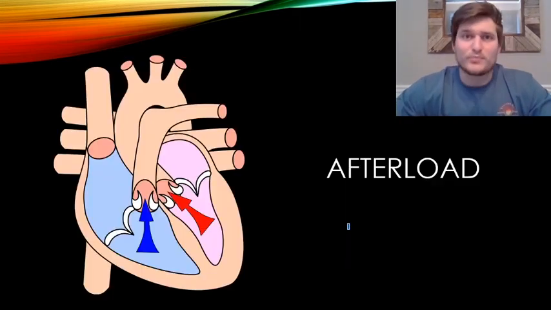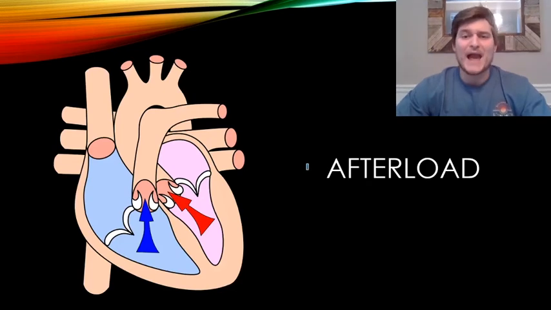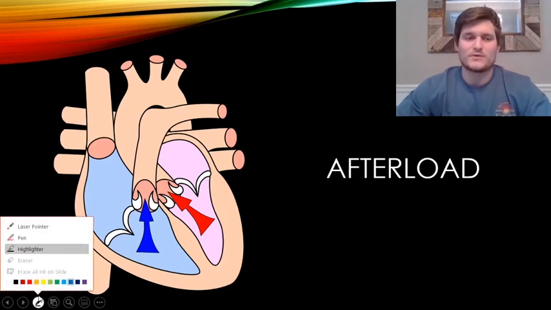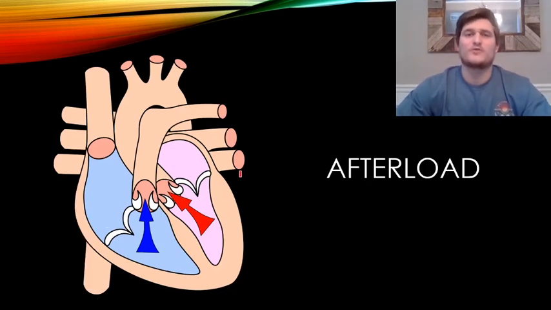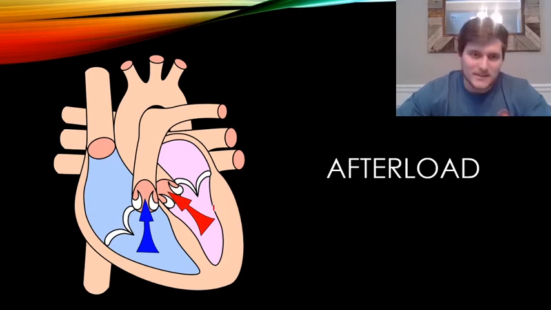In addition to preload, ultimately afterload is going to determine the amount of stroke volume that is ejected from the ventricles. So again, focusing on the left side, we know that in order for this aortic valve to open, the pressure within the left ventricle has to exceed the pressure on the other side of the valve in the aorta.